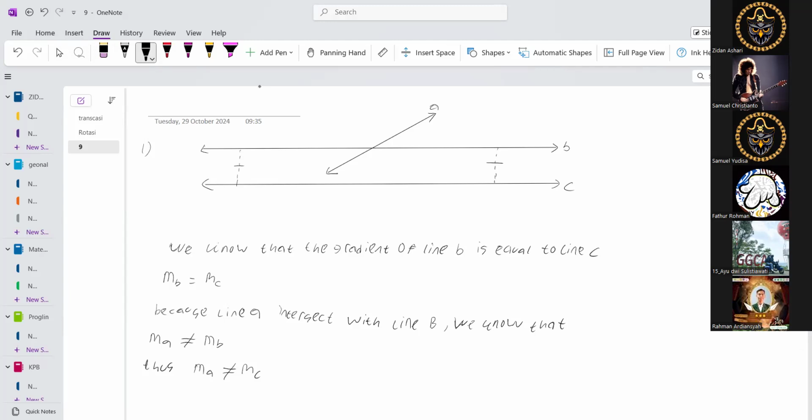So we know that the gradient of line B is equal to the gradient of line C, and line A intersects with line B, so the gradient of line A is not equal to the gradient of line B. Thus we can conclude that the gradient of line A is not equal to the gradient of line C.